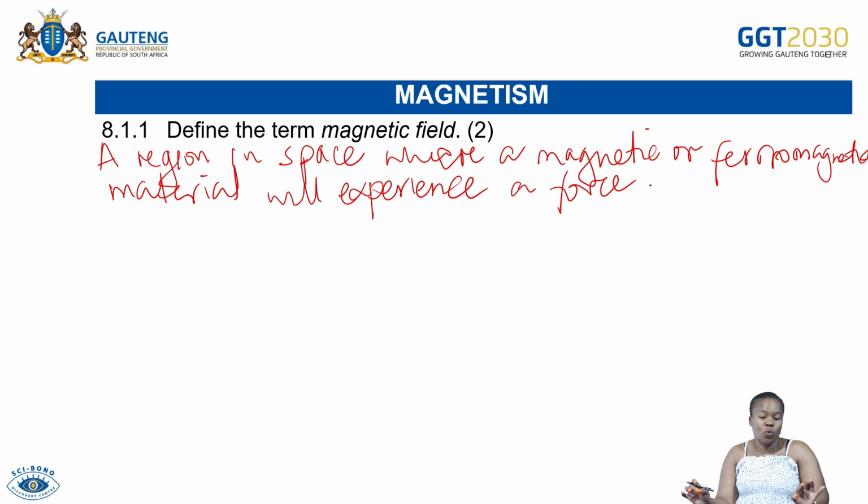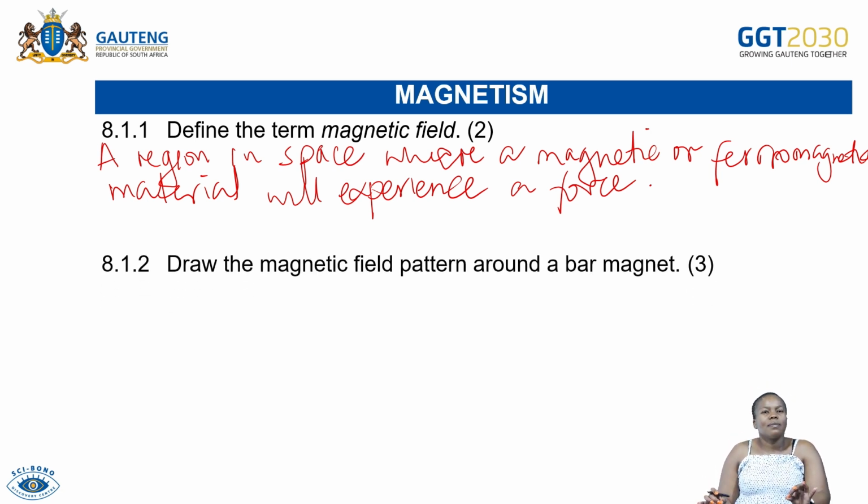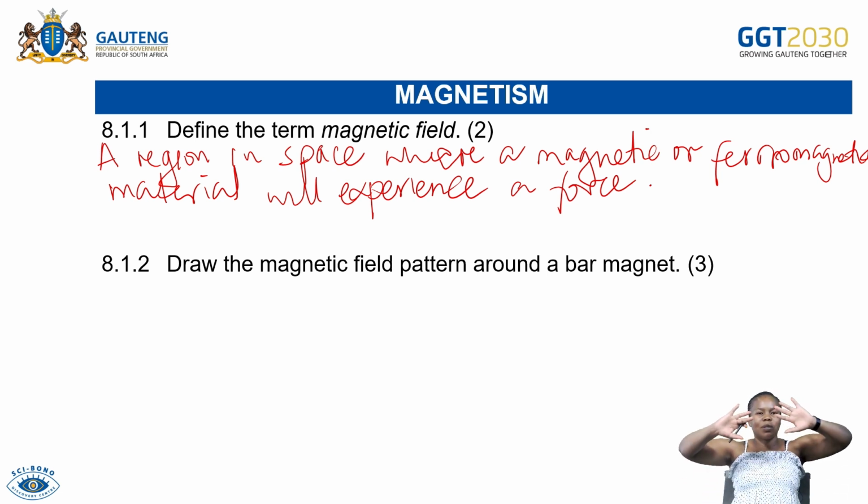Short, nice, and sweet. Let's look at the next question. They say, draw the magnetic field pattern around a bar magnet. So we had the north and the south. What is it that we should pay attention to? Always remember to pay attention to the way you're drawing your magnetic field lines. They have to be more concentrated at the poles, and then widely spread out in the middle of the bar magnet.